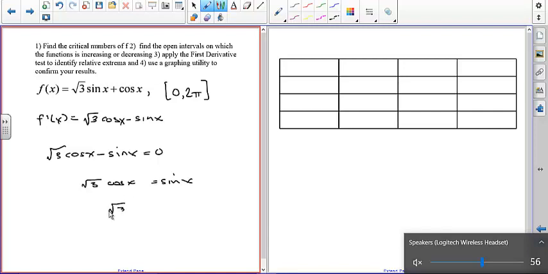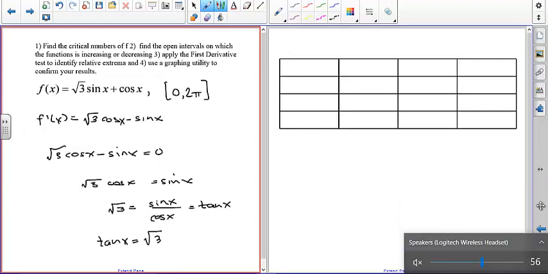So you get the square root of 3 equals the sine over the cosine, which is the tangent. You could do it in terms of the cotangent if you wanted to. So now all we have to do is figure out what values of x is the tangent equal to the square root of 3. And that gives us the x values, which will make the first derivative equal 0, which is where the critical numbers are.